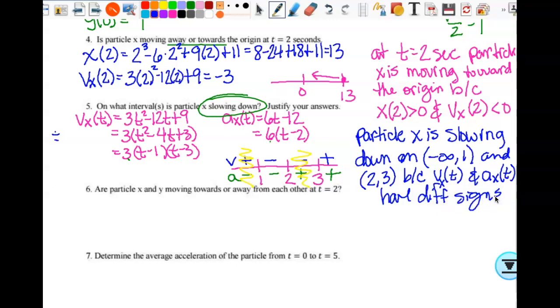Okay. Or you can say that they're opposite. Either way, that's the way I write it on there.